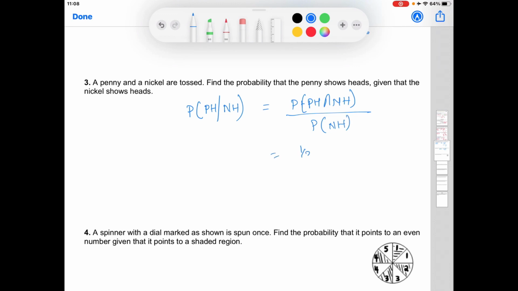How many times can the penny show heads? 1 out of 2. And we're going to multiply here for the intersection, times the probability of nickel heads, which is 1/2. And what's the probability of a nickel head given? It'll be 1/2. So 1/2 times 1/2 over 1/2, it's just 1/2 or 50%.